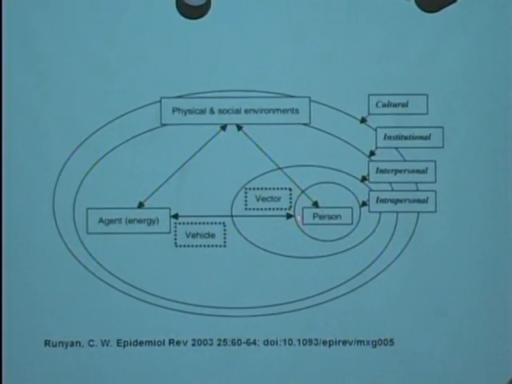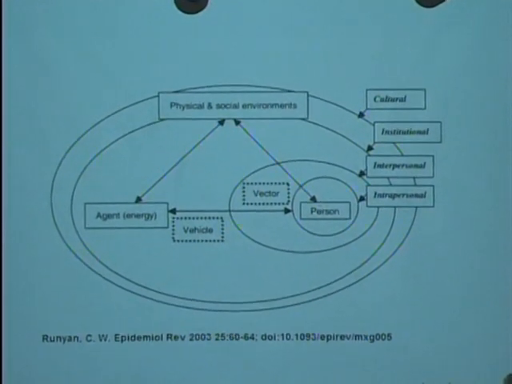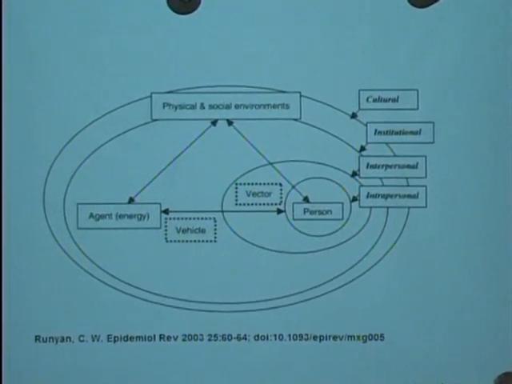Obviously, we have people who have the potential to become sick or injured. We have agents that can make them sick or injure them. And in the case of infectious diseases, those agents are such things as viruses, bacteria, and parasites.